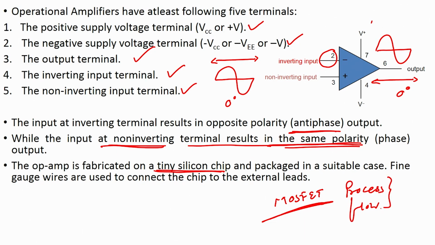If somebody asks you whether you can understand this process flow, you can say yes I can, and because I know how a MOSFET is fabricated, I know how we can have billions of MOSFETs on a tiny piece of silicon chip. So, now we see that the op-amp is fabricated on a tiny silicon chip and packaged in a suitable case. Fine gauge wires are used to connect the chip to the external leads. We have seen this in the previous slide.